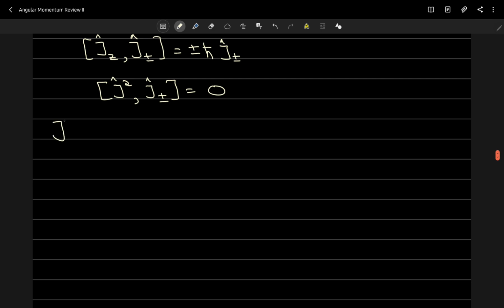They are j squared operator, that is equal to j minus times j plus plus jz squared plus h bar jz, right?